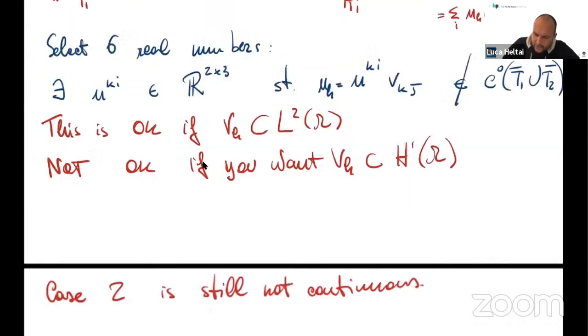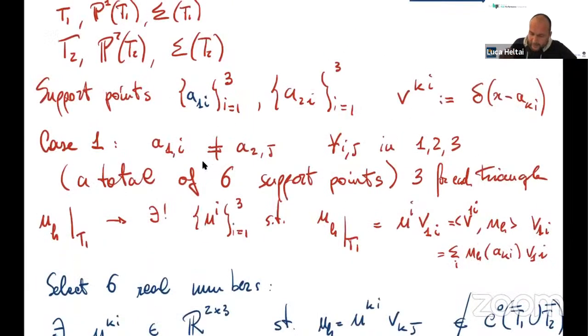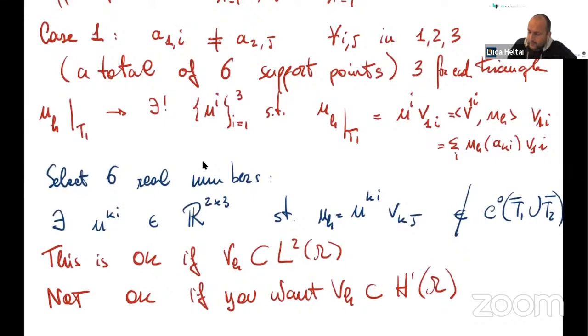And the reason why it's still not continuous is simply because you only have 1 point in common between the two segments. And what you're asking here is that the function UH is equal to the value of the base of the degree of freedom here is going to be taken by the value of the function UH on the point which is in between the two.